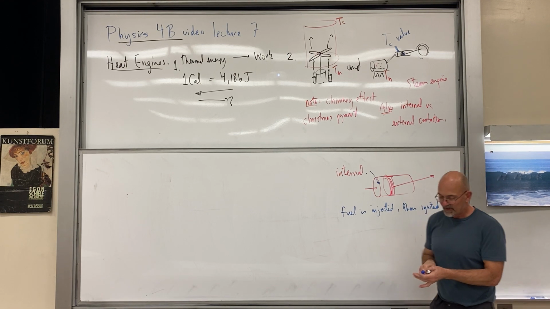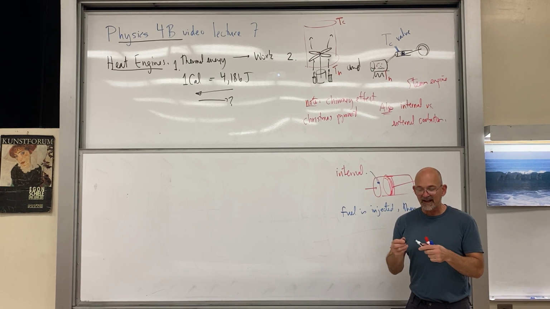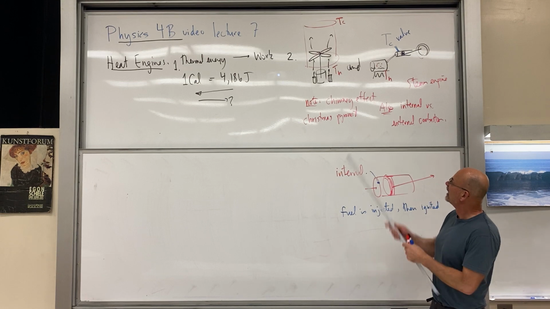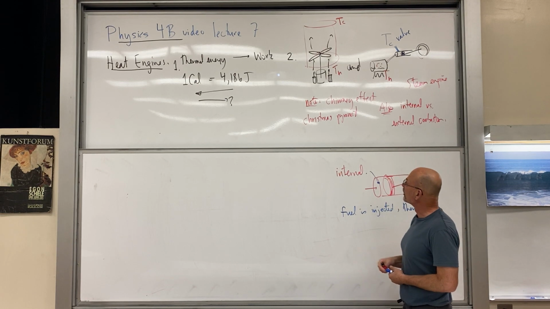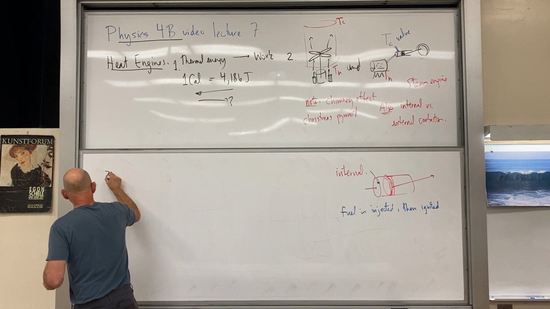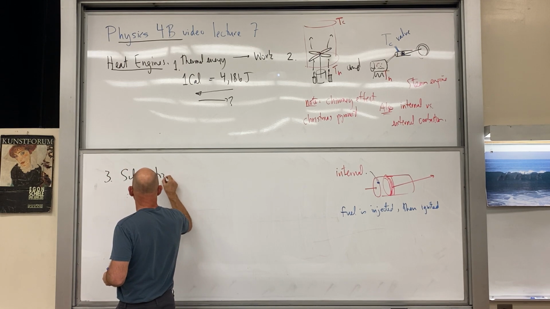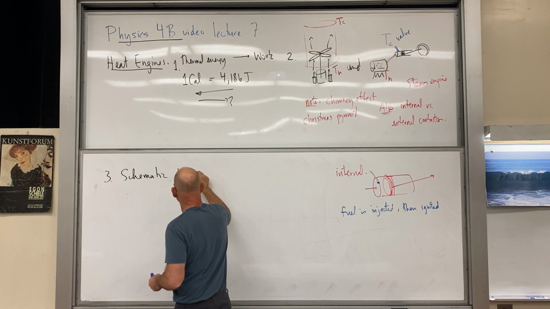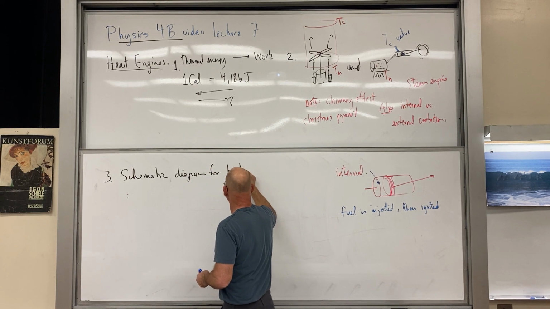The next thing we have to do is develop a schematic diagram of the process here. This is very standard. It's in every book that was ever written, so to speak. So let's call this the schematic diagram for the heat engine.